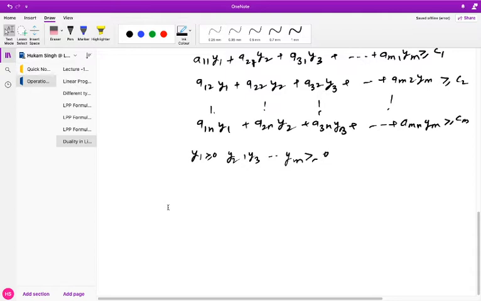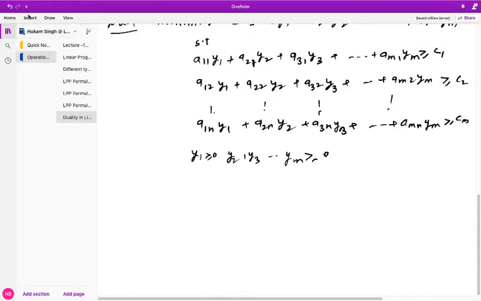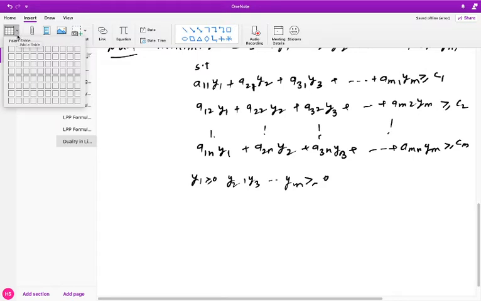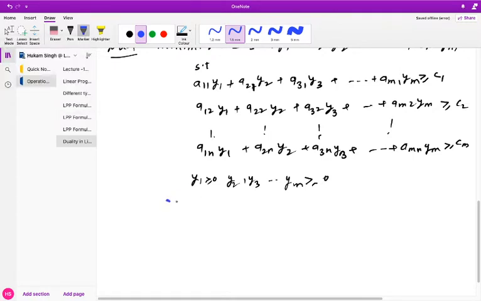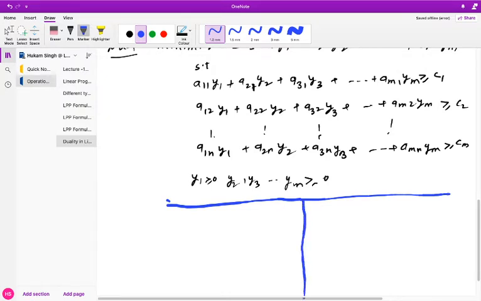Before that, I want to make a table that is going to help you in the conversion of primal into the corresponding dual. So let me insert a table.